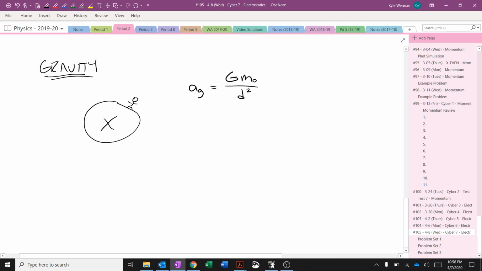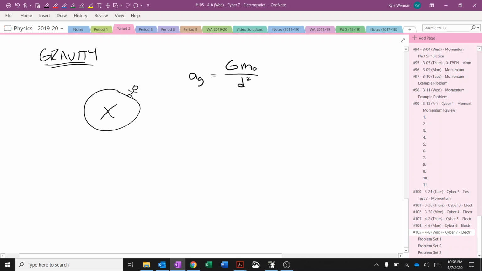Well, that applied to any object on that surface, but if I wanted to know exactly what force they would feel, or in this case, their weight, we know that weight is really the same as the force of gravity. And the way we found weight was we always took the mass of the object times the acceleration due to gravity, or the mass of the object times its field strength.